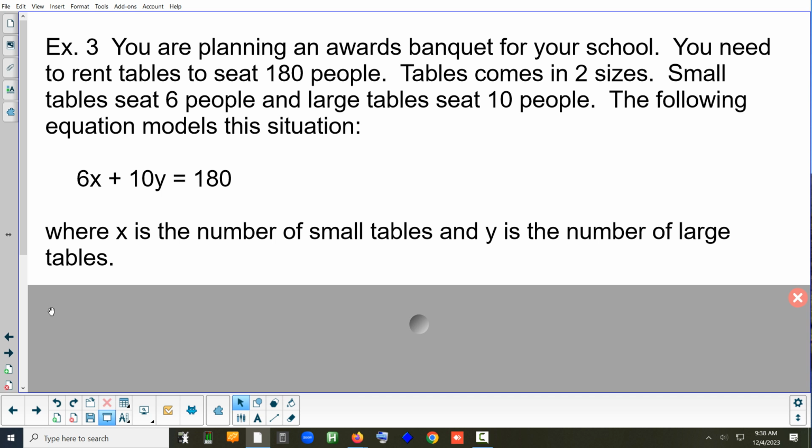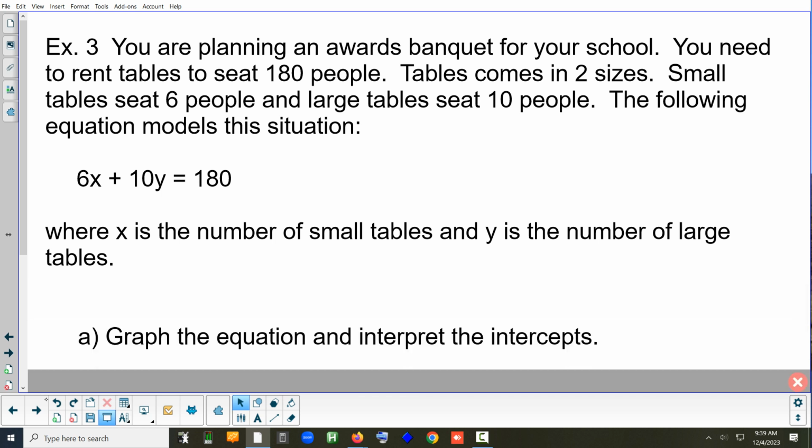You can pick any combination as long as you have seating for exactly 180 people. So you could do all small tables, no large tables. You could do all large tables and no small tables. Or you could do a mixture, maybe like 10 large tables and 20 small tables.